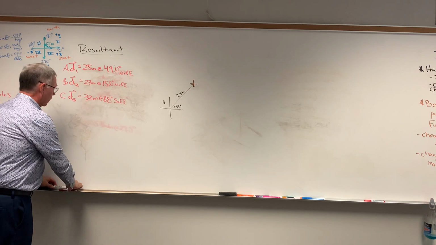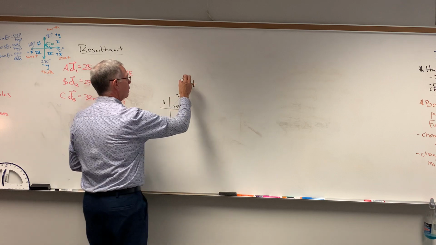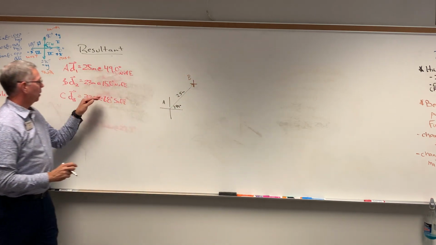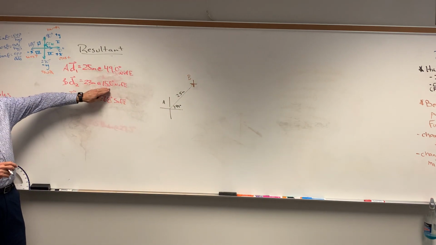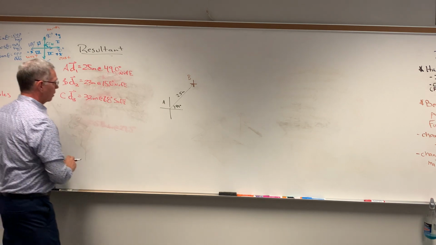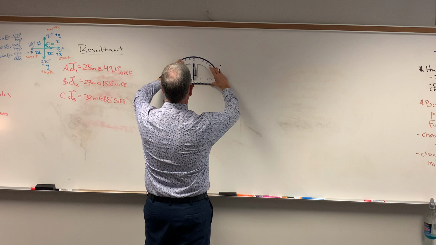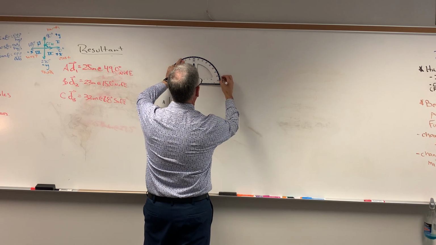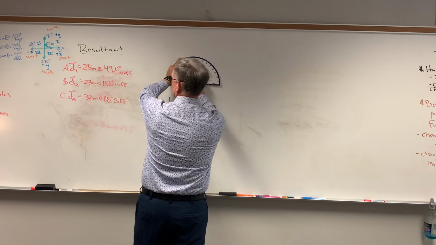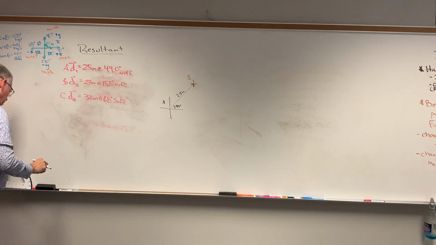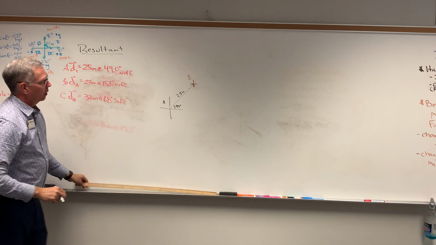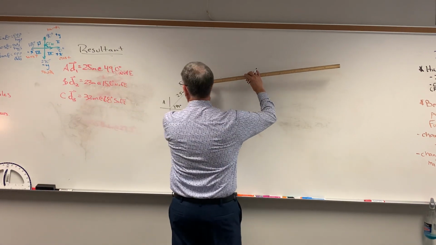Okay, so the next one is B. I need to measure 23 meters at 15 degrees. So you set your protractor here, measure 15 degrees, and it's 23 long.